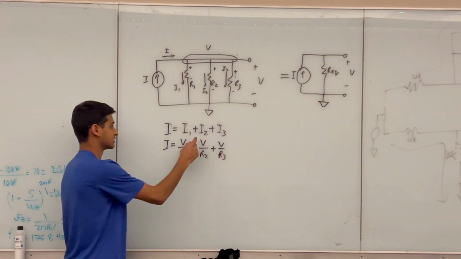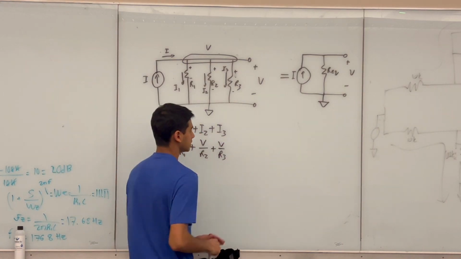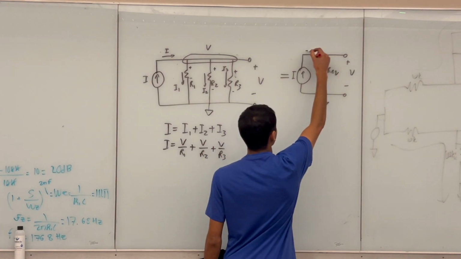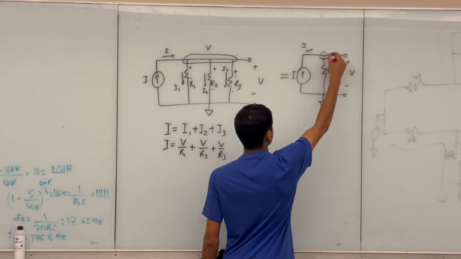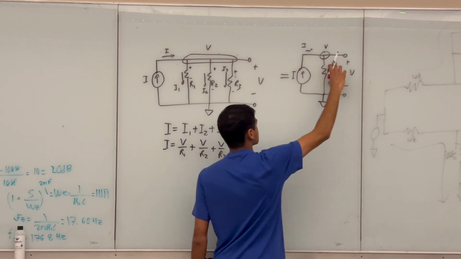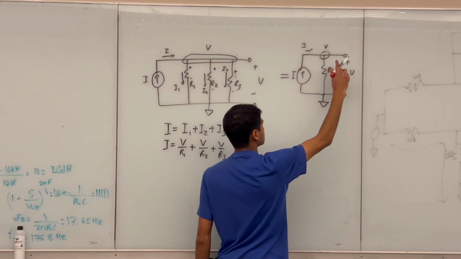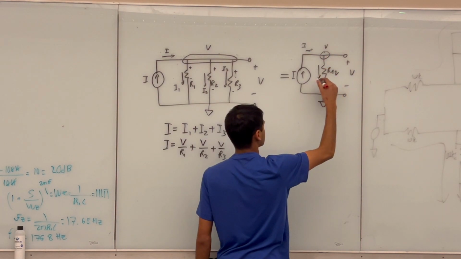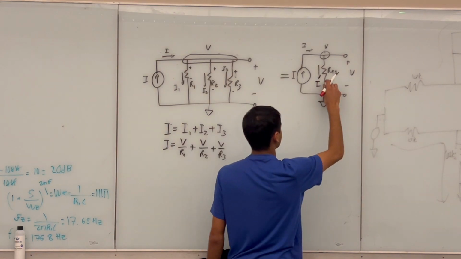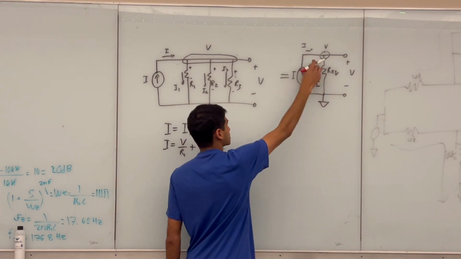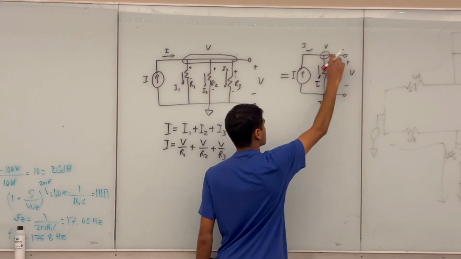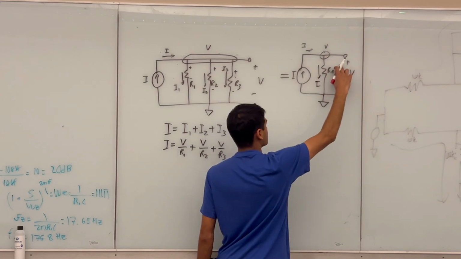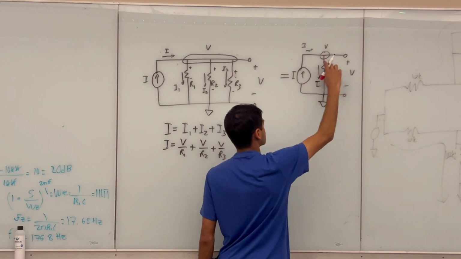All I'm going to do is repeat this process with the circuit on the right. So in this case, I have one current going in. The voltage at this top node is still V because the voltage applied across here is V. And I have one current going out, and as you can see, it's just I because there's no current going through here. This is just me showing you what the voltage across the resistor is.